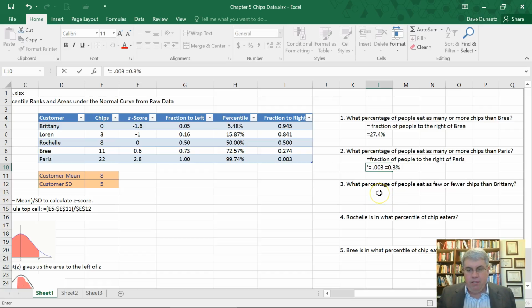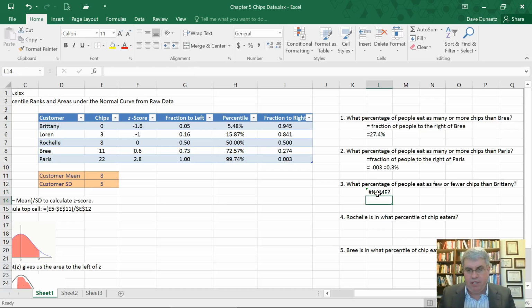Now we want to answer the question, what percentage of people eat fewer chips than Brittany? So that's going to be her percentile rank, and that's going to be the fraction to the left, people that eat fewer chips than Brittany. That equals the fraction of people to the left of Brittany.